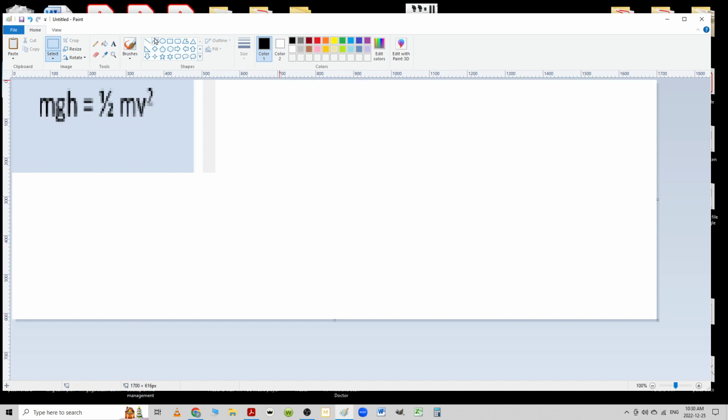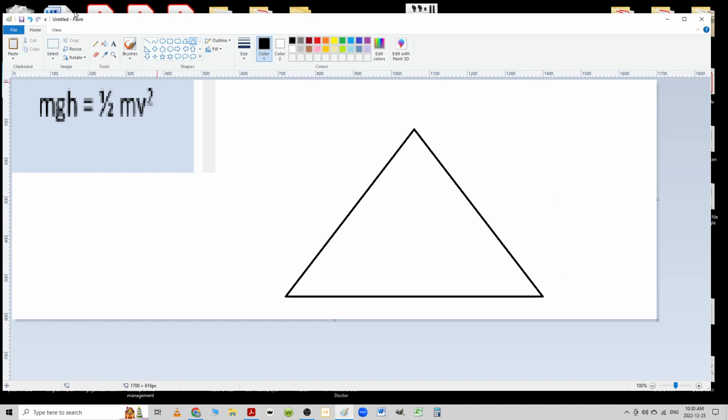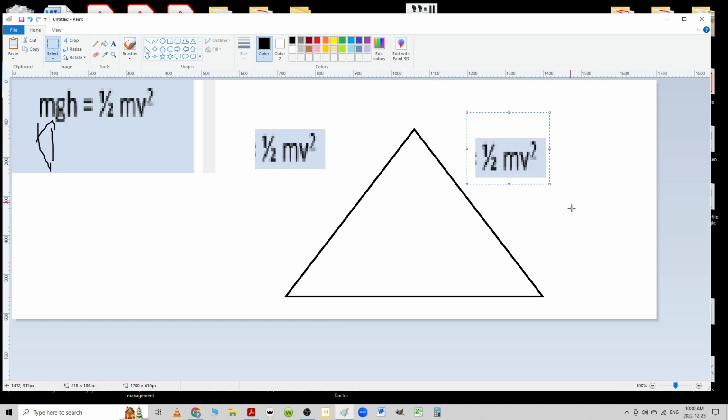The rule for dividing this up depends which side you're solving. So if you're solving the left side, if you need to know one of these variables here, you must put all of these at the top, including the half. Yeah, the half should be in there. You should just stick it as an individual thing. So it'll be half mass and velocity squared.